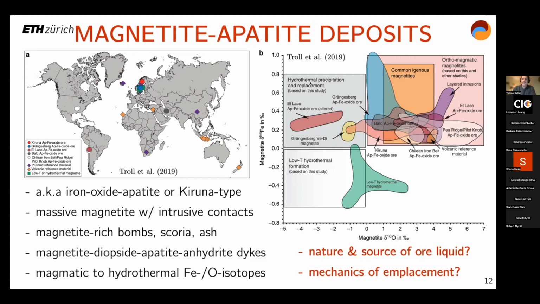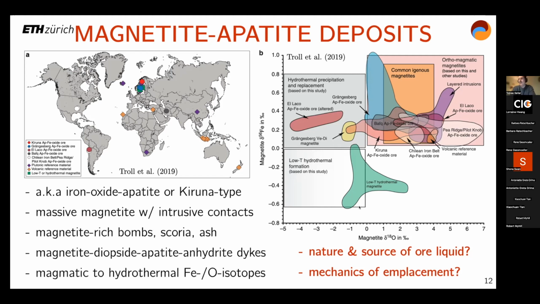If we're moving towards the left in that diagram, we're coming more to conditions that are identified as high temperature hydrothermal systems, often associated directly with magmatic activity. And then if we go downwards in this diagram, we come to low temperature hydrothermal systems, which can often be found as a late stage hydrothermal alteration that overprints some parts of these systems.